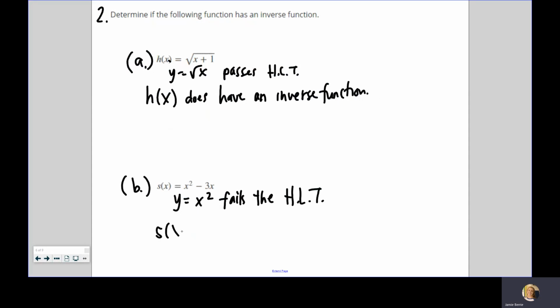So therefore, S of x does not have an inverse function. So if it passes the horizontal line test, it has an inverse function. If it fails the horizontal line test, it does not have an inverse function.